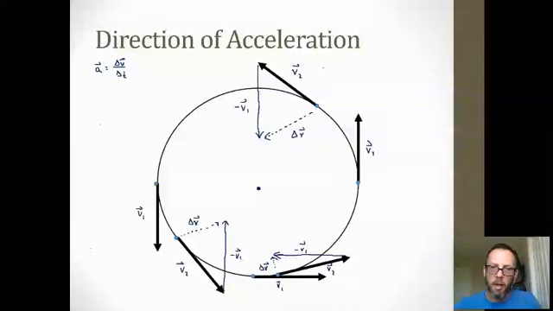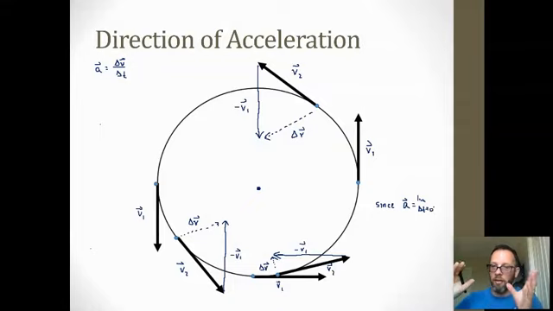So I might just add a little blurb with that. So since the acceleration is the limit, the instantaneous acceleration is the limit as delta t approaches 0.